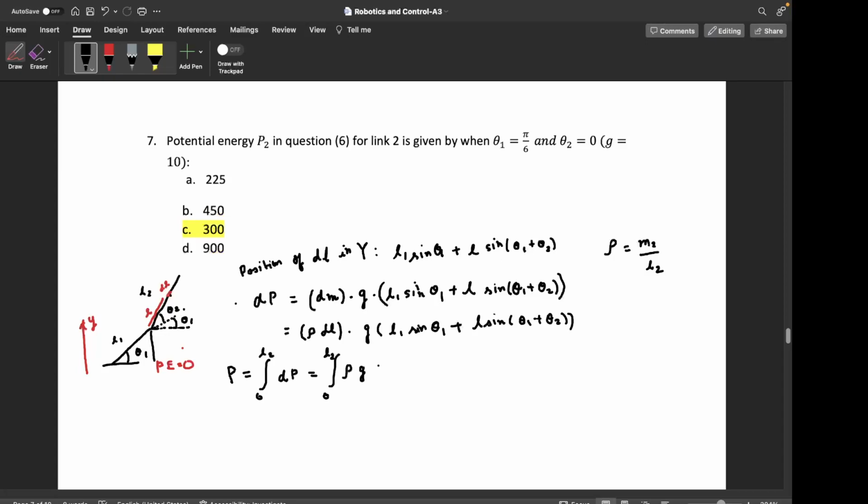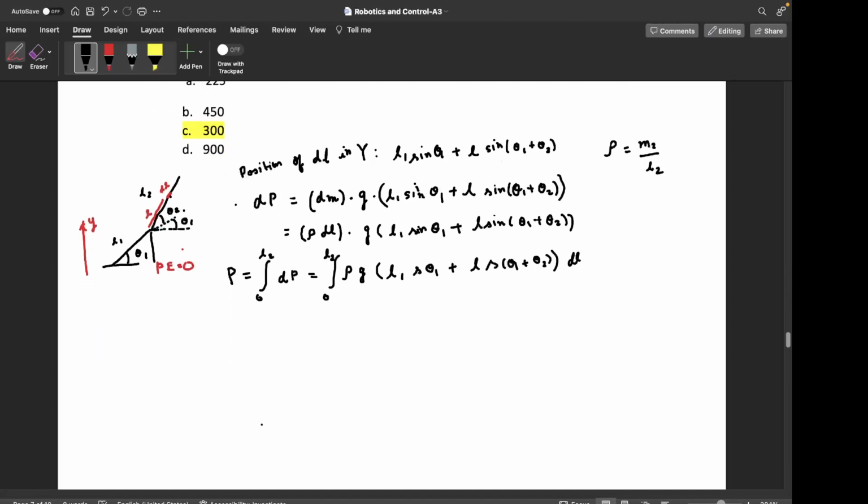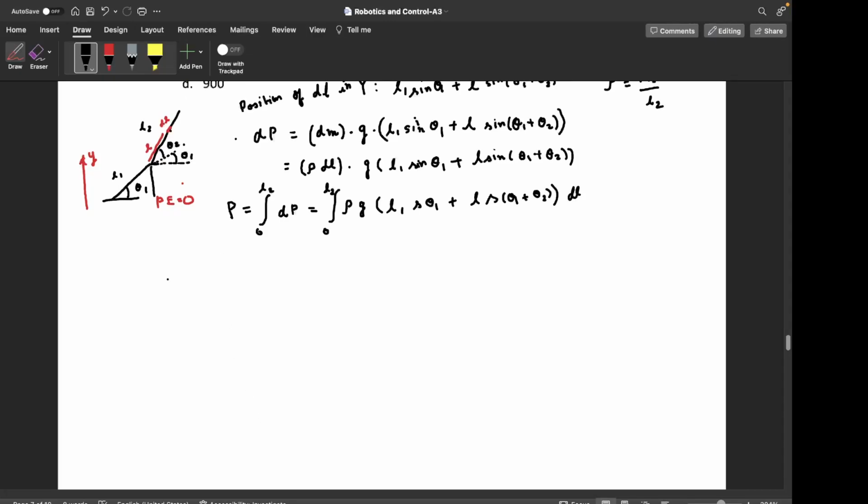Rho g, L1, I will write sine theta 1 as s theta 1 for brevity, and L sine of theta 1 plus theta 2, and dl. So the integration is quite easy.